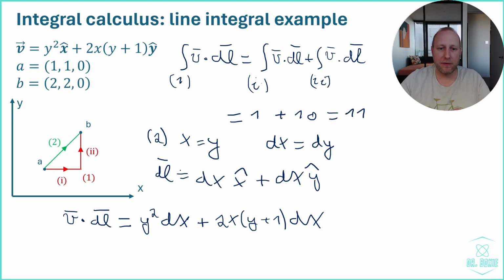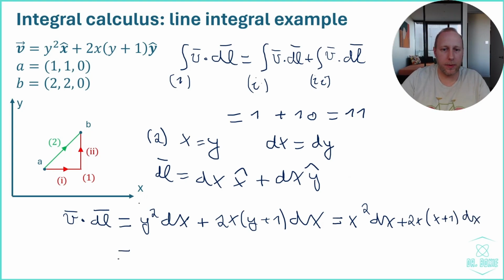So we get this expression for v dot dl, and because we have that x and y are equal along this trajectory, we can replace all the y's in this expression by x's. And so we find x squared dx plus 2x times x plus 1 dx, and if we collect all the terms, we get 3x squared plus 2x dx, and we want to integrate this along path 2.